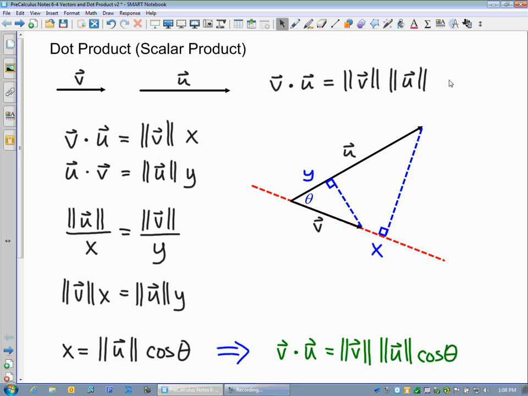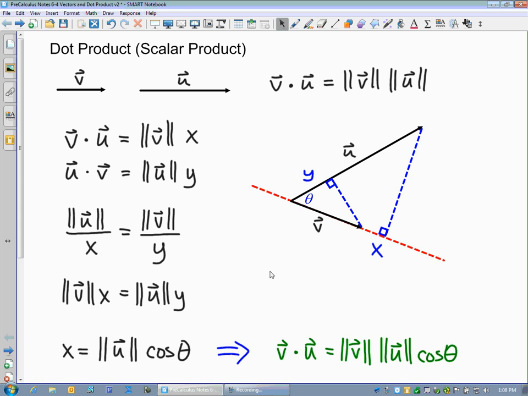So now we can get back to our original intuitive idea of dot product, which is simply the product of the magnitudes. And that works great if they're in the same direction, but if they're not in the same direction, then it's simply the product of the magnitudes times the cosine of the angle between them.